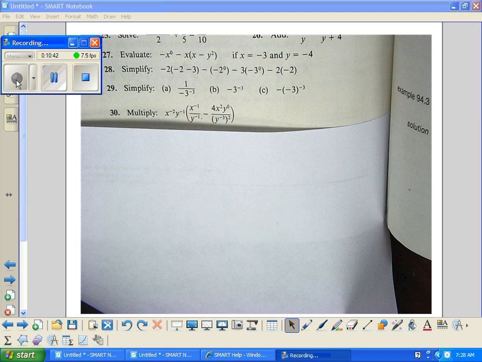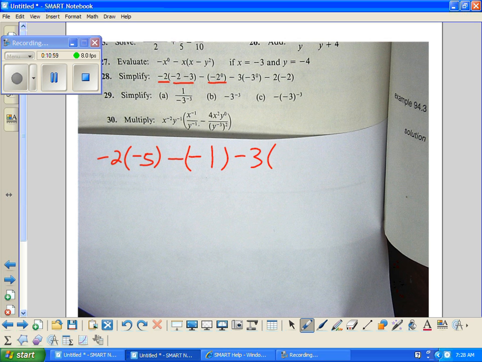28. And again, I'm going to do this in steps. Negative 2 can't change. But negative 2 minus 3, I know it's negative 5. Minus, parentheses, negative 2 to the 0 is 1. Minus the 3. Minus 3 to the 0 is 1. Minus 2 times negative 2.